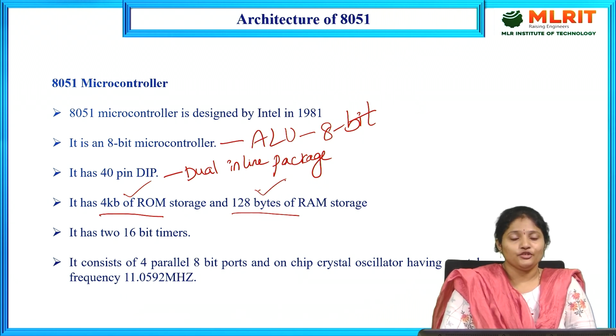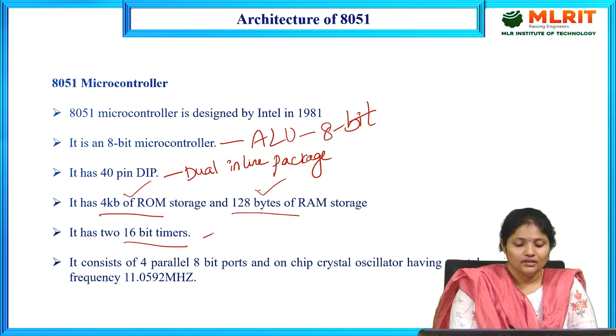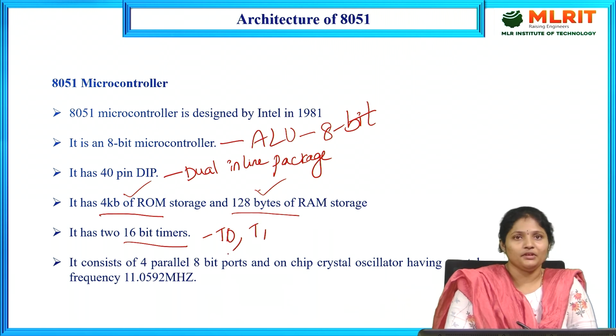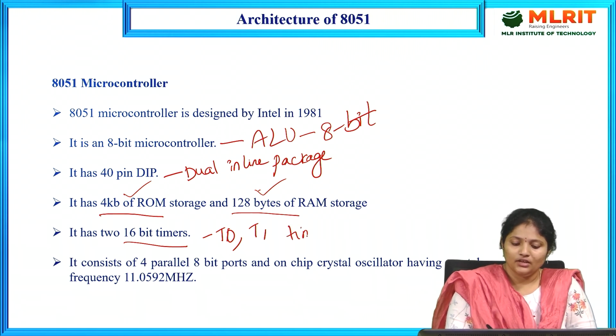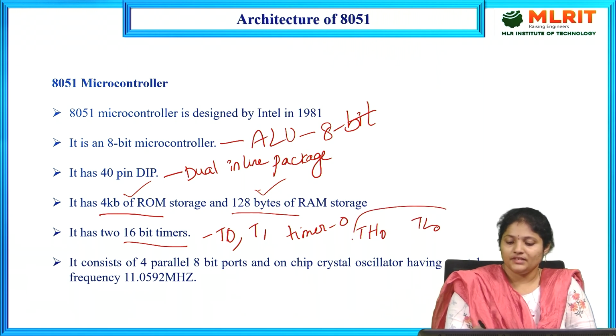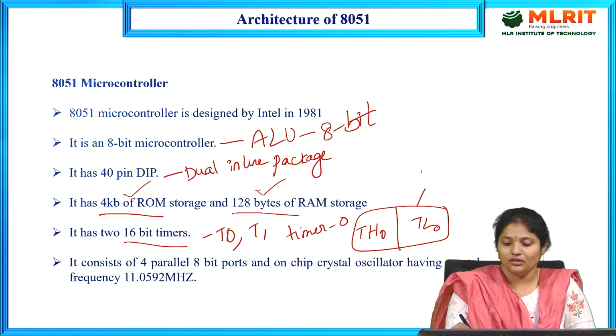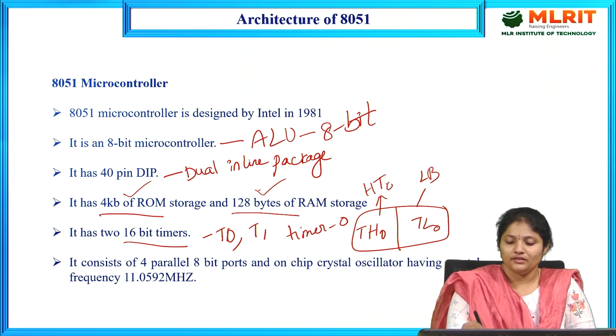It has two 16-bit timers, T0 and T1. Timer 0 is represented like this: this is the lower byte of timer 0, and this is the higher byte of timer 0.